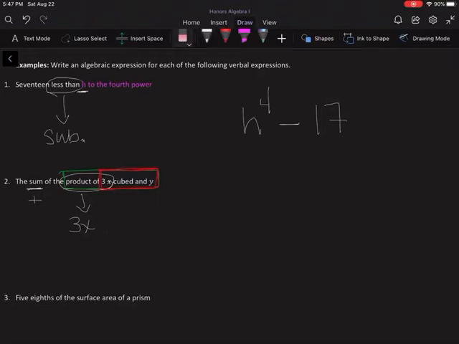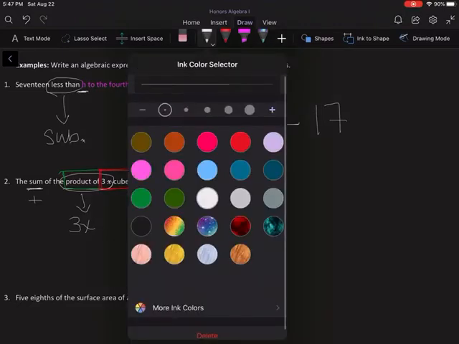Oh, nope, that's wrong. I think the wording here is a little bit off. In this case, the product of 3x cubed and y. But it says the sum of the product, it should have 3 and x.